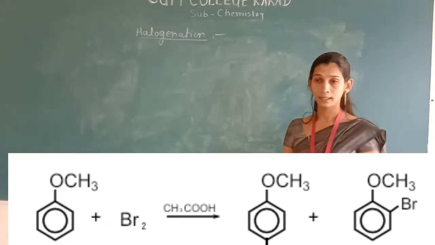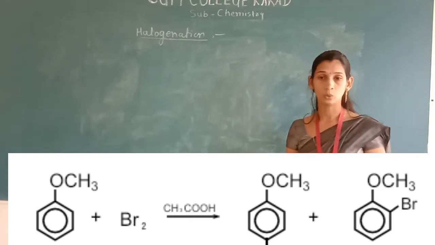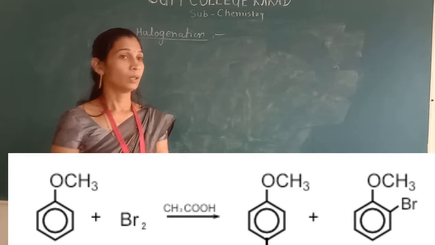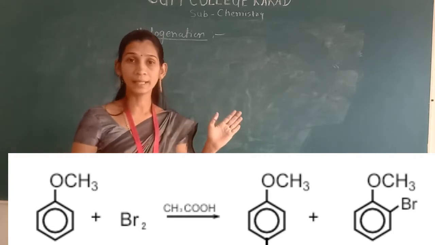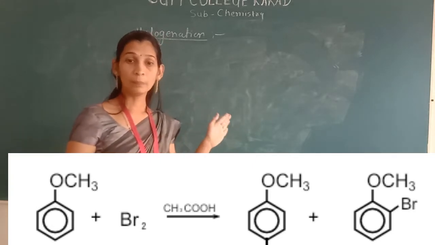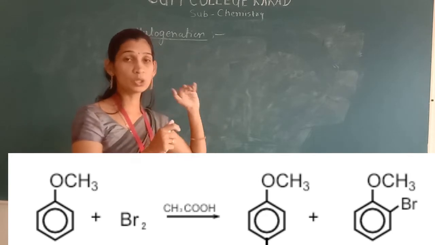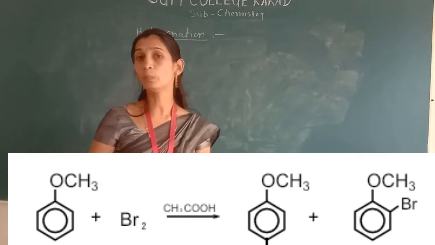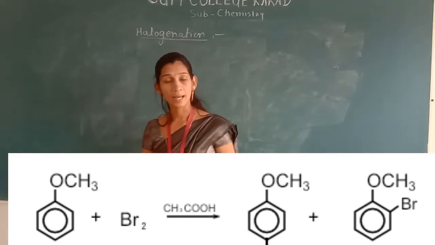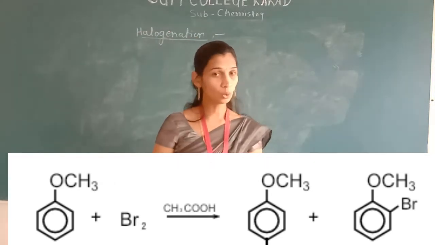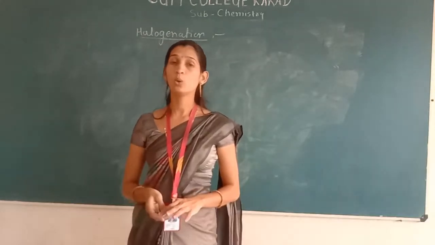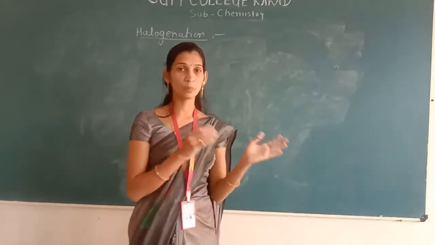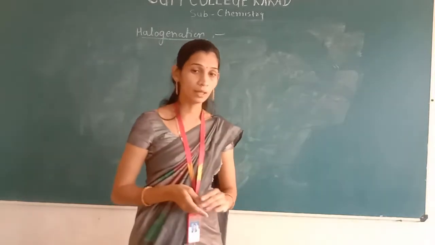The benzene ring from that anisole is produced, but the position of the bromine is different. Therefore, we are getting two products. The first will be para-bromoanisole and the second will be ortho-bromoanisole. There is a percentage: one will be the major product and the other will be the minor product.